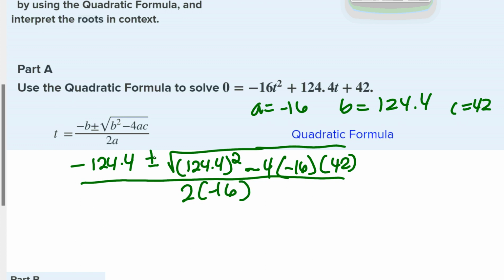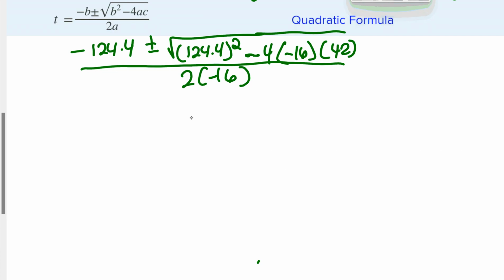Really this is 2 equations because I have a plus and a minus there, but we'll take these parts down first. I square my b, which is 15,475, and then minus 4 times a negative, which is going to be a positive. So 4 times 16 times 42 is 2,688.